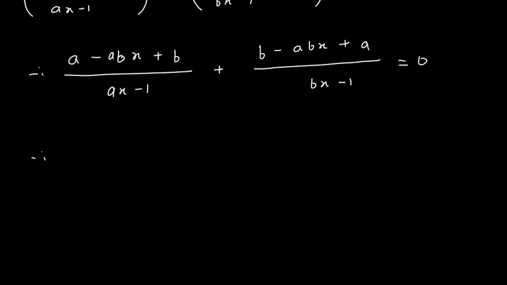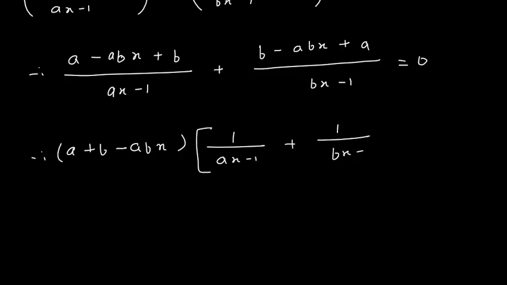So therefore here you see a plus b, here also we have a plus b, and then minus abx, here also we have minus abx. So I will say that a plus b minus abx I will take out, and here we have 1 upon ax minus 1 plus here we have 1 upon bx minus 1 is equals to 0.